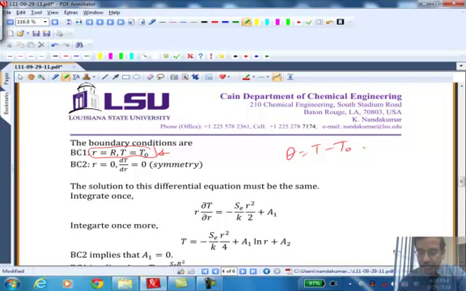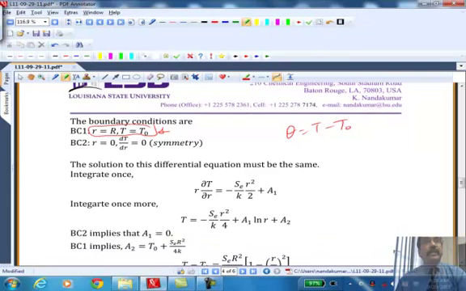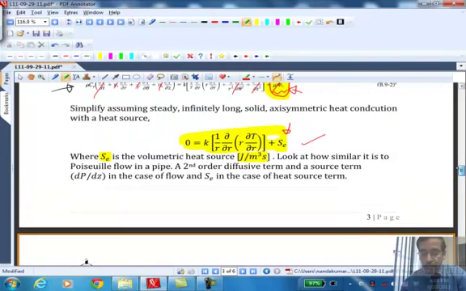Now, integration of that differential equation is something that I expect all of you to be able to do, because it is a second order ordinary differential equation in cylindrical coordinates. You should be able to just separate and integrate twice, or put the characteristic equation and solve it, whether it is Cartesian, cylindrical, or spherical coordinates.